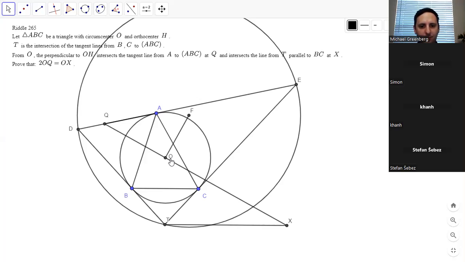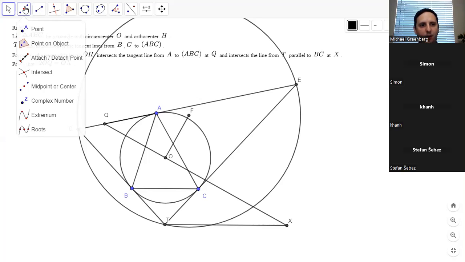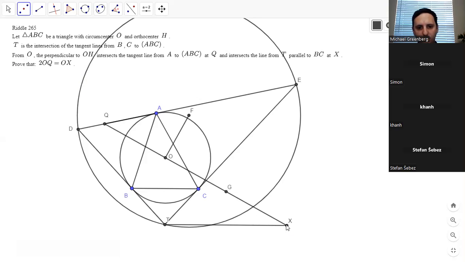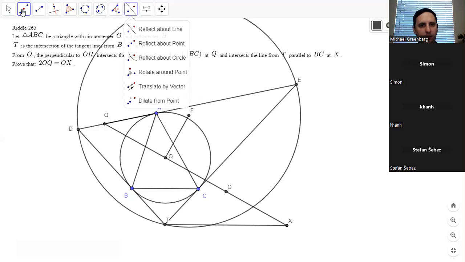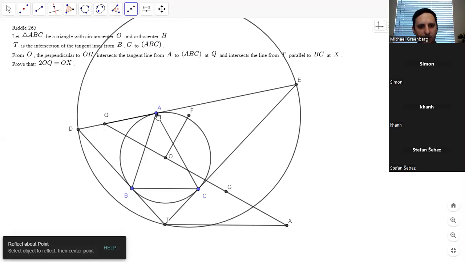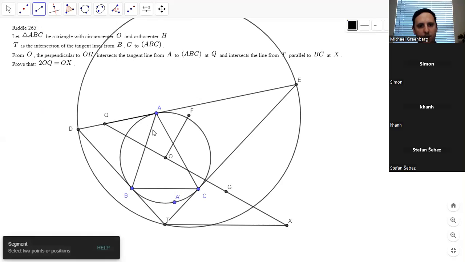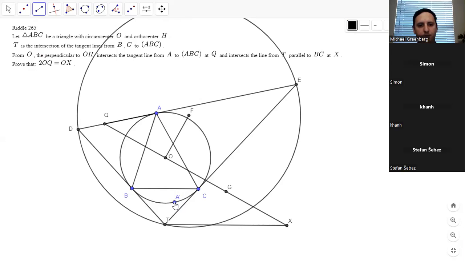I think I have an idea to prove this. Only an idea. I haven't finished it yet. Okay. So can you label the midpoint of OX? And let A prime be the antipode of A with respect to O. So maybe if we can prove that GA prime is tangent to the circle, then we will finish the problem.